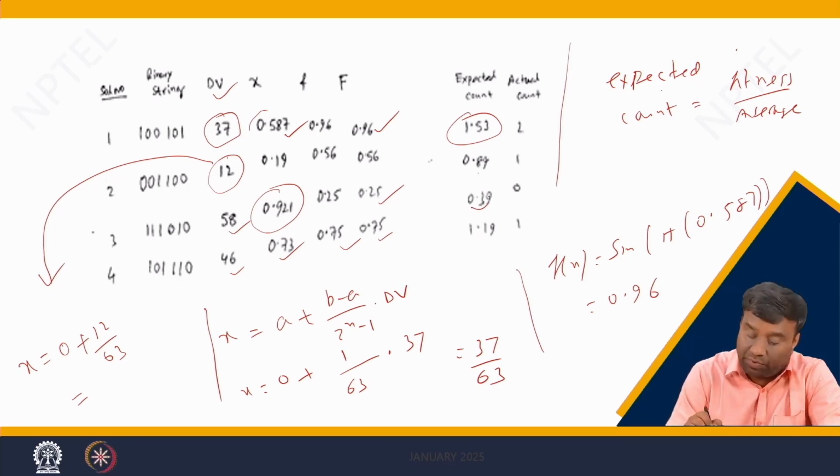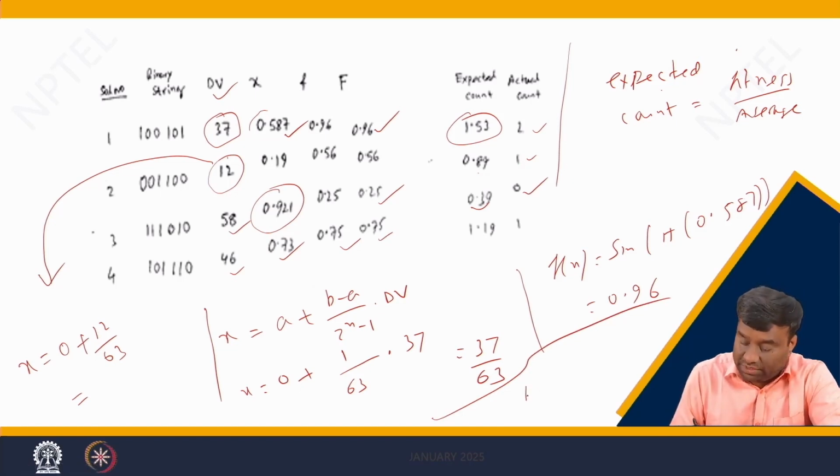As 0.39 is the minimum, we take the actual count as 0. This is the maximum, so we are taking it 2 times, and these are 1 time. It means that chromosome 1 is selected 2 times, chromosome 2 is selected 1 time, chromosome 4 is selected 1 time, and chromosome 3 is not selected.